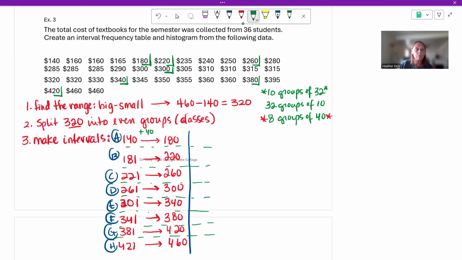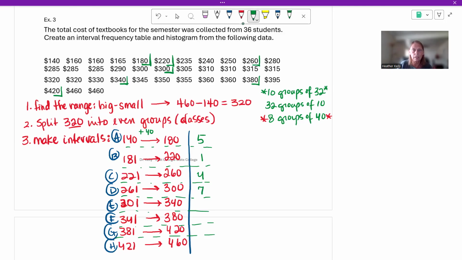Okay, so between 140 and 180, there's 1, 2, 3, 4, 5. Between 181 and 220, there's 1. Between 221 and 260, there's 4. 261 and 300, there's 1, 2, 3, 4, 5, 6, 7.